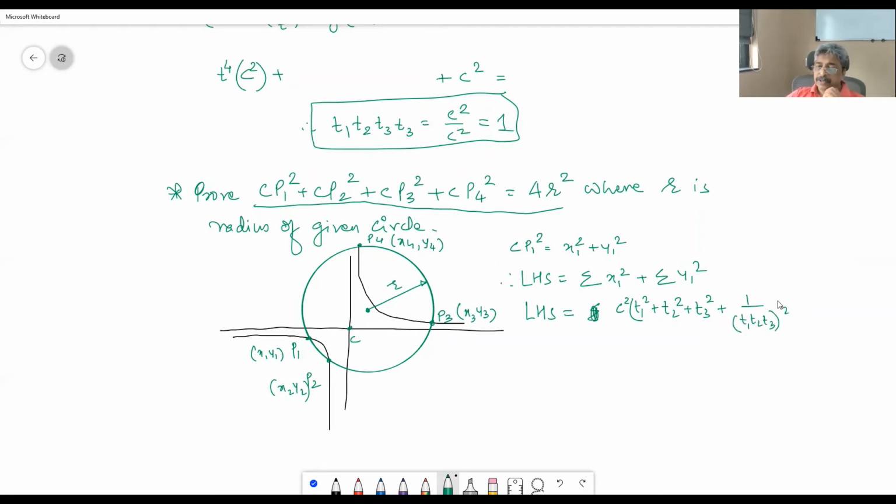This is the summation of x coordinates, plus c square inside the bracket 1 upon t1 square plus 1 upon t2 square plus 1 upon t3 square plus the square of t1, t2, t3. This is what your LHS is.